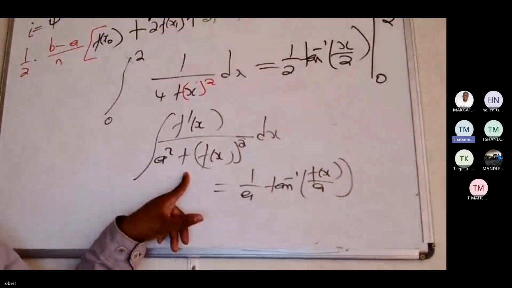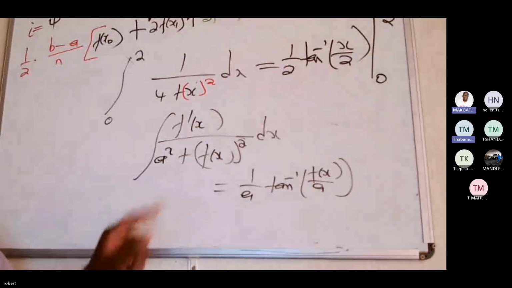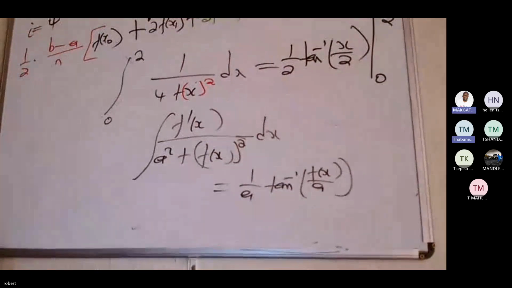Sorry, just to interject. My fellow student, it's rule number 25 there on the formula sheet. The formula that is being used is 25. Sorry, yeah, I'm looking at 25, but mine starts with f at x all over 2 plus a squared. That's what I'm saying. Maybe you have number 28. Just know that a is positive.